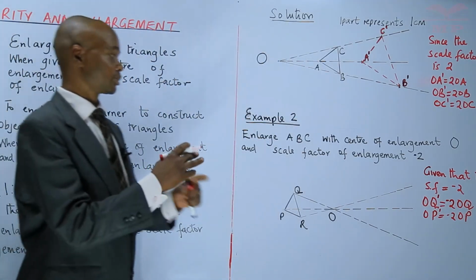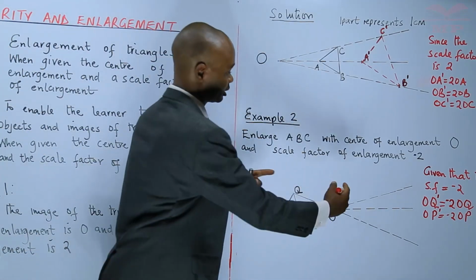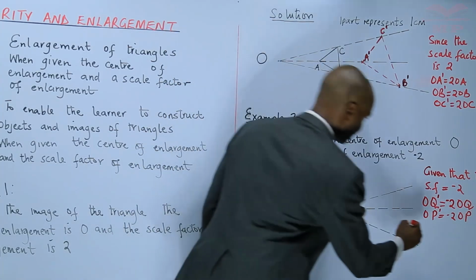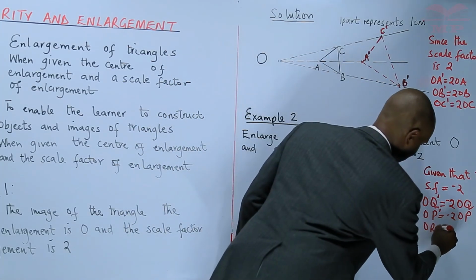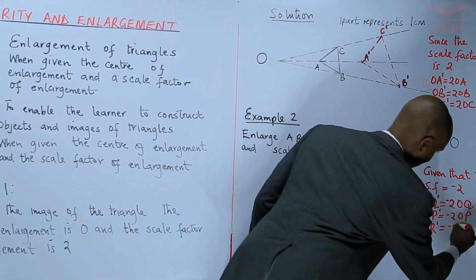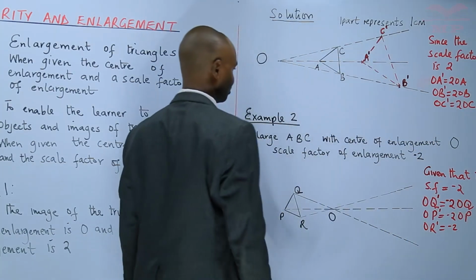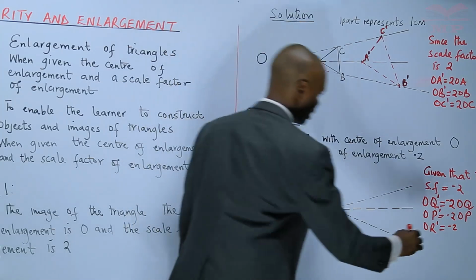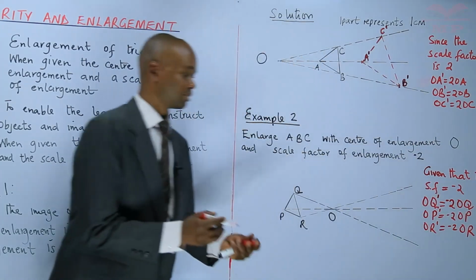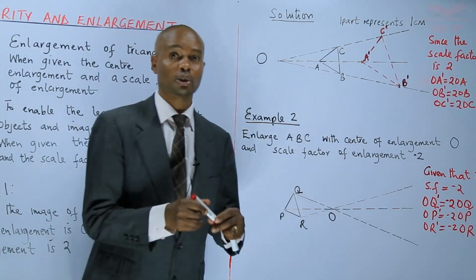So the negative shows that they are in the opposite directions of the center of enlargement. And lastly, OR prime will be equal to minus twice OR. So when we have negative enlargements, that is what happens.